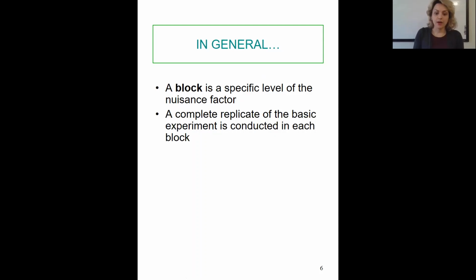For example, if you want to measure something, you change a small part, let's say a tip of your machine, but you do the experiments from 0 to 100. That we call a replicate. So a complete replicate of the basic experiment is conducted in each block.